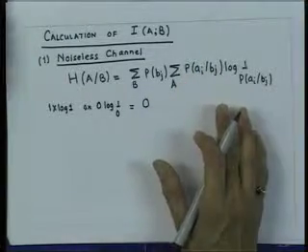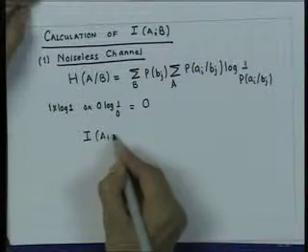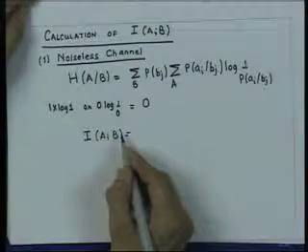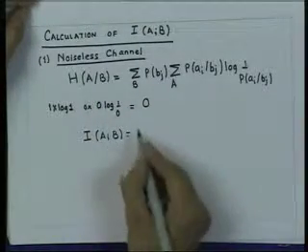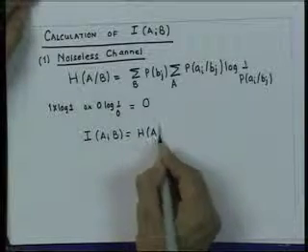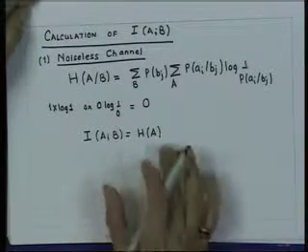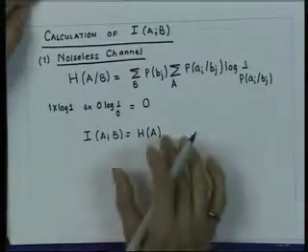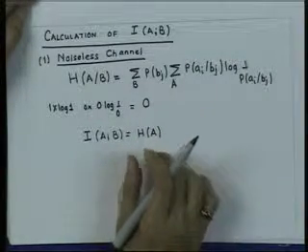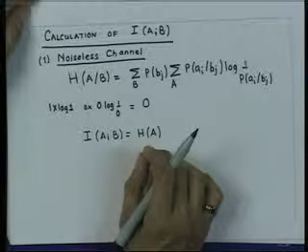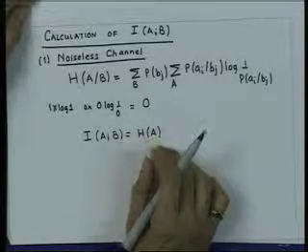Hence, the average number of bits necessary to specify the inputs when we know the output is obviously 0, and therefore, I A B, which is equal to H A minus H of A given B, will be equal to H of A. So, the amount of information transmitted through such a noiseless channel is equal to the total uncertainty of the input alphabet. So, we get complete information of the input.